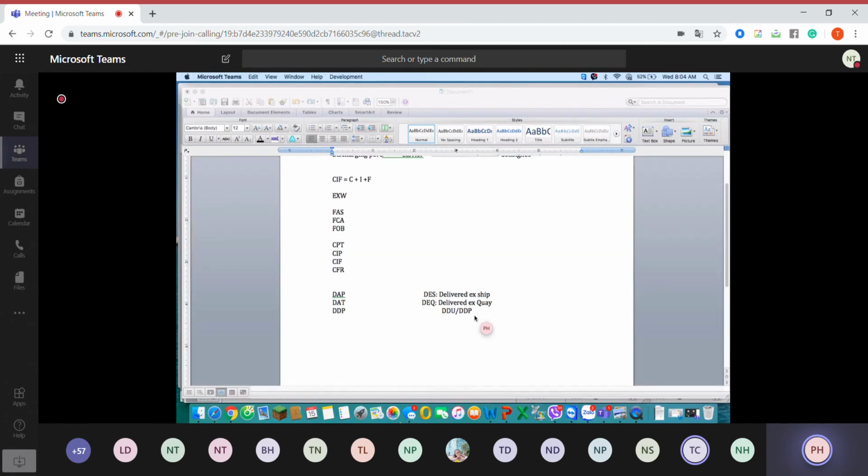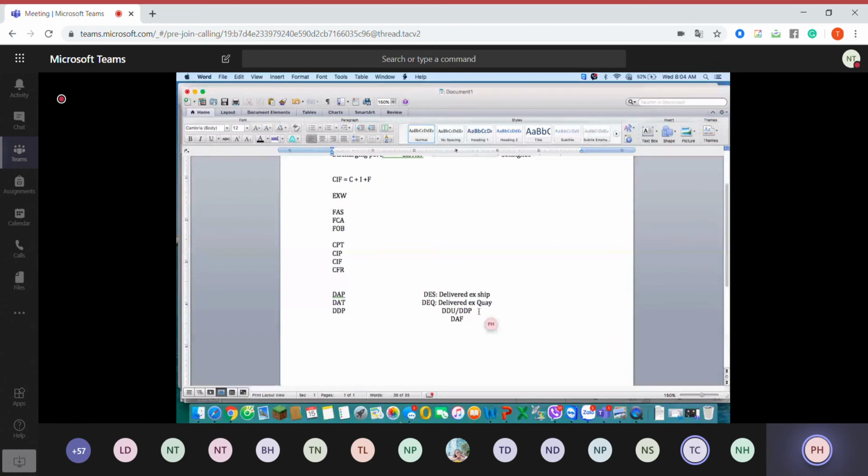But for the DDU, the seller does everything except one thing: the responsibility to pay the tax to import the goods into the buyer's country. So this is the DDU. And the last one in the D group in Incoterms 2000 is DAF, delivered at frontier.